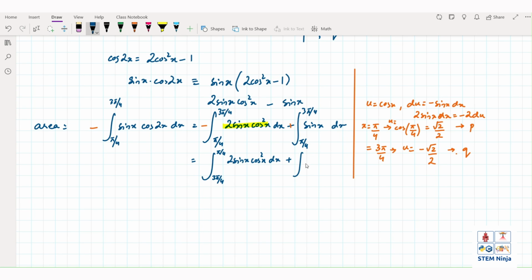plus this can remain as it is, sine x dx. Now we have to convert it into the substituted form. So we only need it for the first term over here.